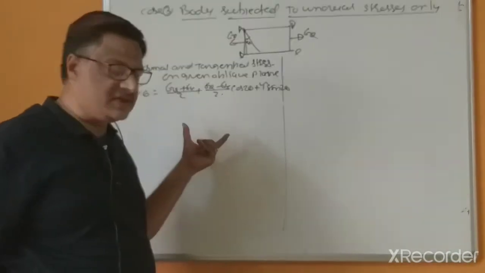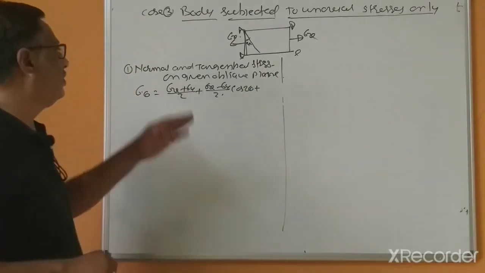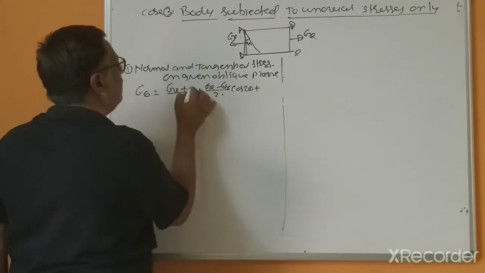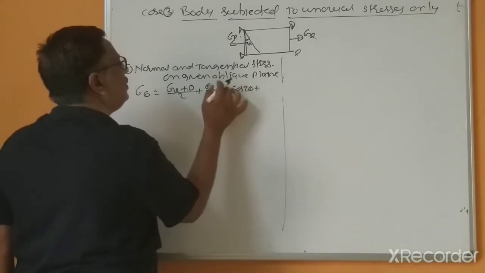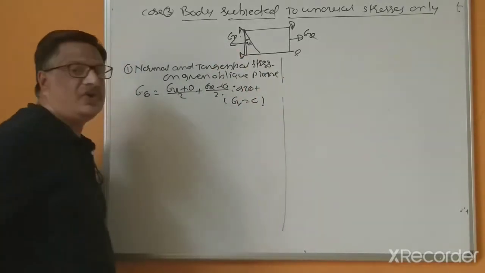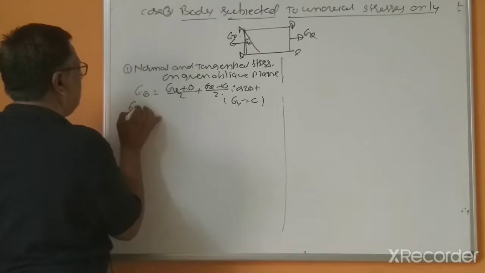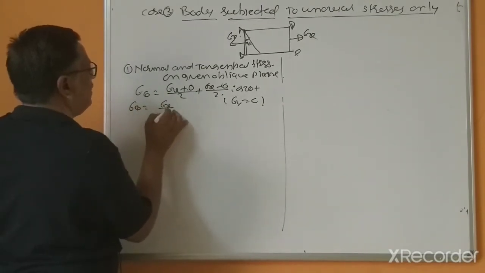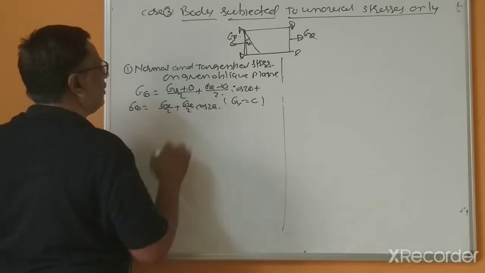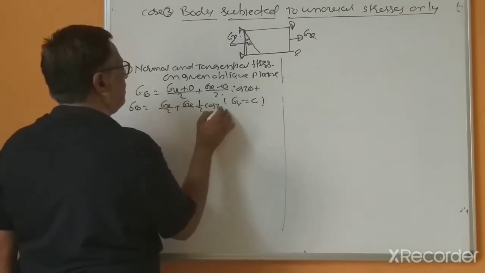So this is for the first case, and this is for the second case. For the third case, we have to put sigma y equal to 0, because no stress is induced on the AD plane and BC plane. So that's why sigma theta equals sigma x divided by 2 plus sigma x divided by 2 cos 2 theta.